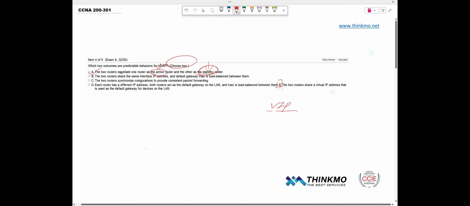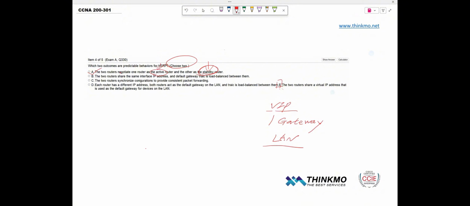They share this virtual IP, and this virtual IP serves as the gateway for the network below. So the correct answers are A and E, but you can't choose E. If I select D, then E becomes incorrect. This is an issue with the question bank. When we take the exam, the correct answers are A and E, these two options.